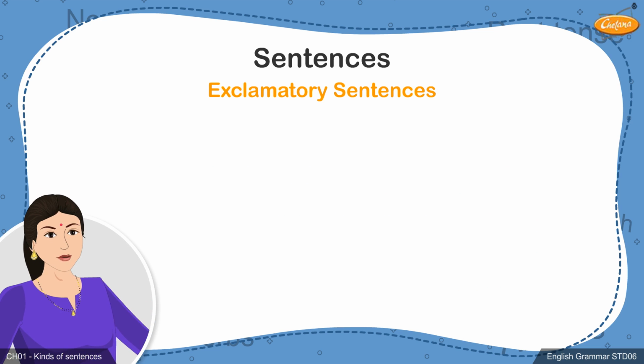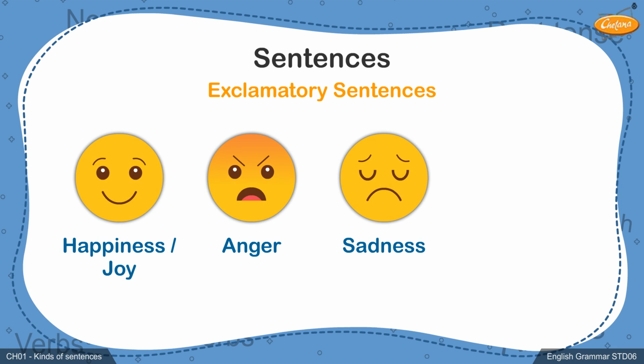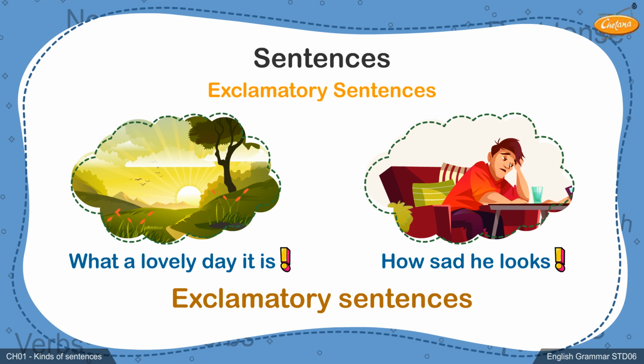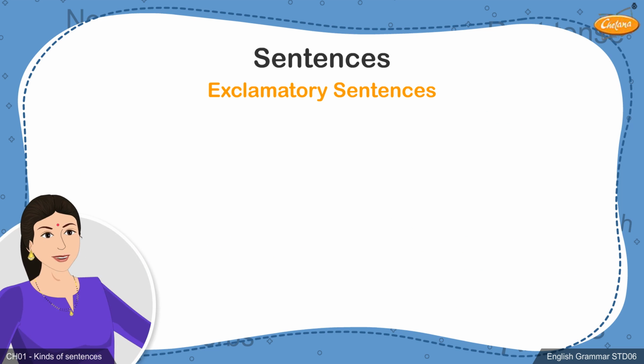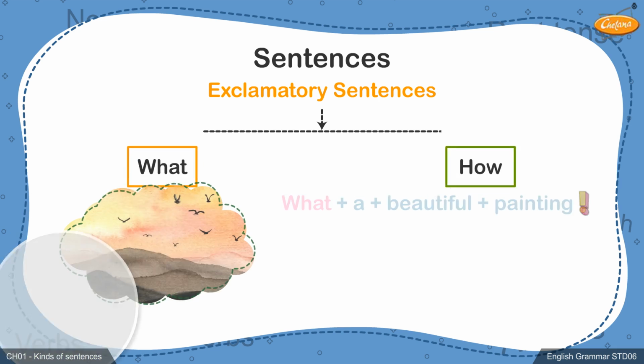Lastly, we will be learning about exclamatory sentences. We often tend to express strong feelings or emotions when we converse with people. When we write such statements, we use an exclamation mark at the end, and hence these sentences are called exclamatory sentences. Exclamatory sentences usually begin with the words what or how.